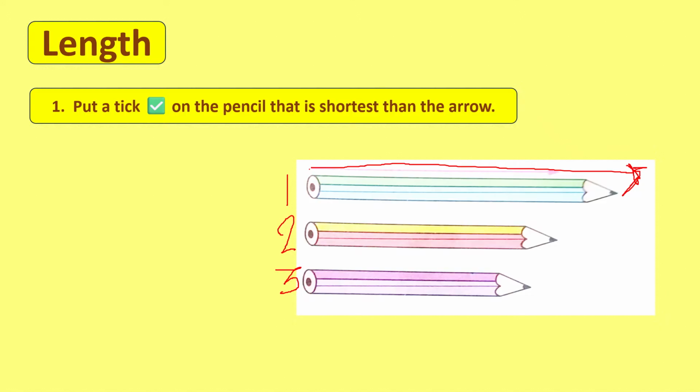So it's the same. After that, the second pencil finishes over here, but the third pencil also finishes over here. This is the shortest pencil. Our third one is the shortest, not the very shortest, but the shortest pencil.